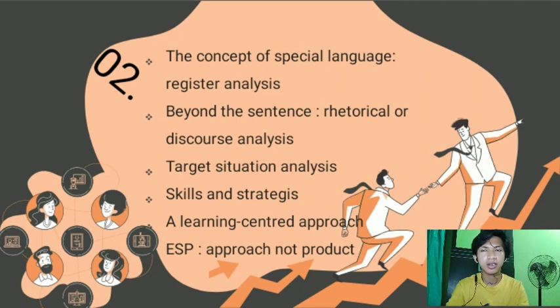And the other 3 are target situation analysis, skills and strategies, and learning-centered approach. Then, the ESP learning-centered approach is a language teaching approach in which all decisions about content and methods are based on the learner's reason for learning.